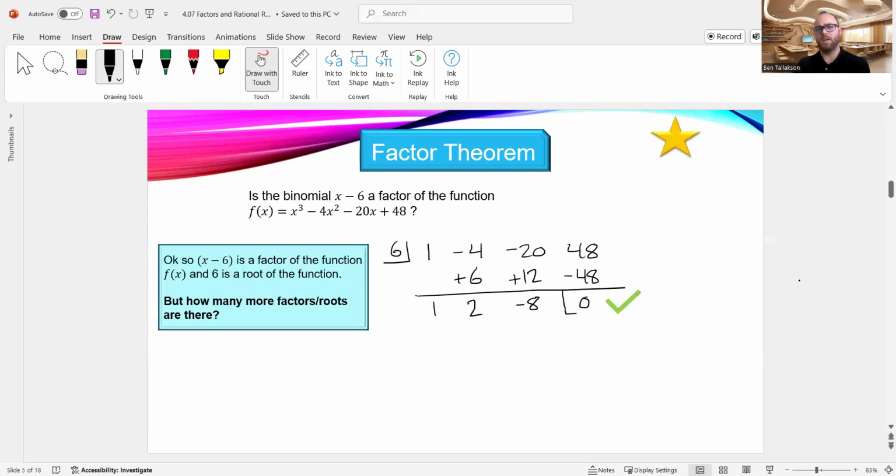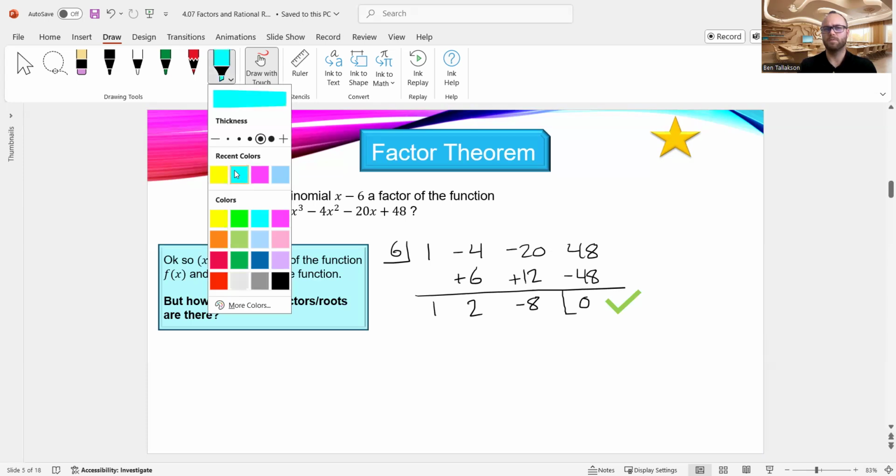All right, let's go ahead and dive a little deeper. We know now that x minus 6 is a factor of the function. We also know 6 is a root because the remainder was 0, but how many more factors and roots are there? Well, you've learned about this before. Do you see it on the board?